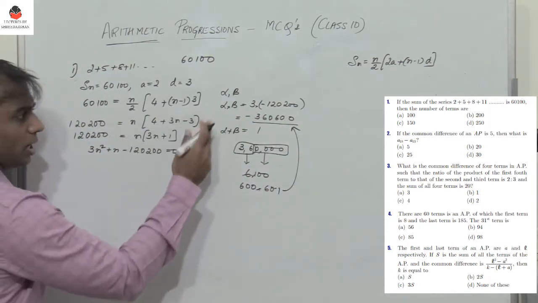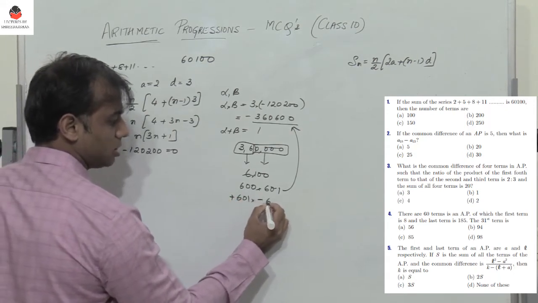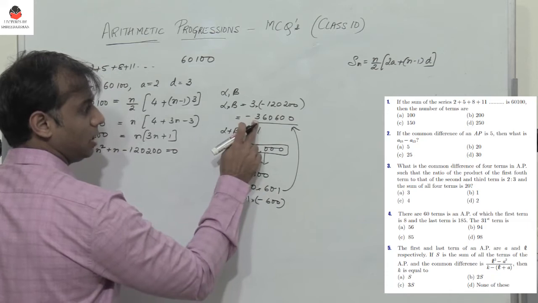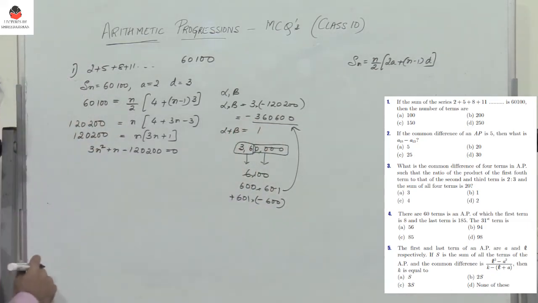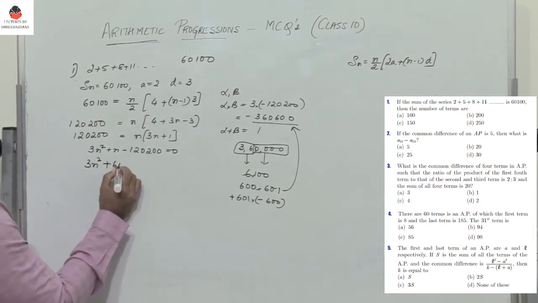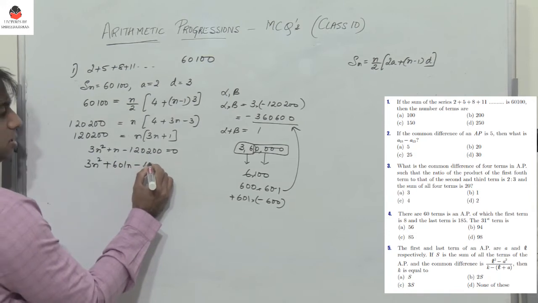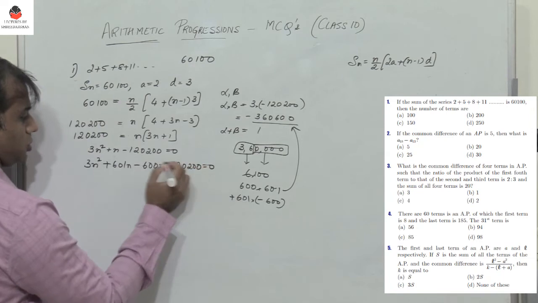Now how do I get the roots? So I have plus 601 into minus 600 will give me minus 3,60,600. When I add these two, I get plus 1. So we have 3n square plus 601n minus 600n minus 120200 equals 0.